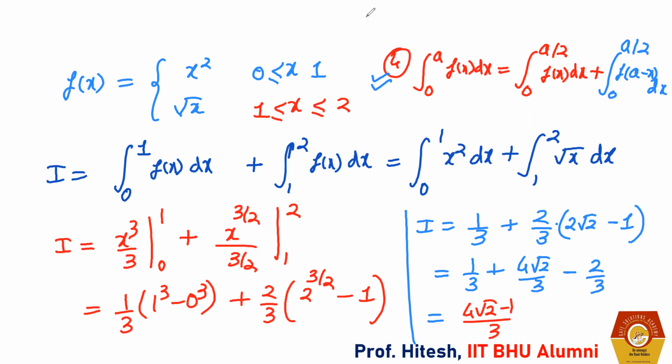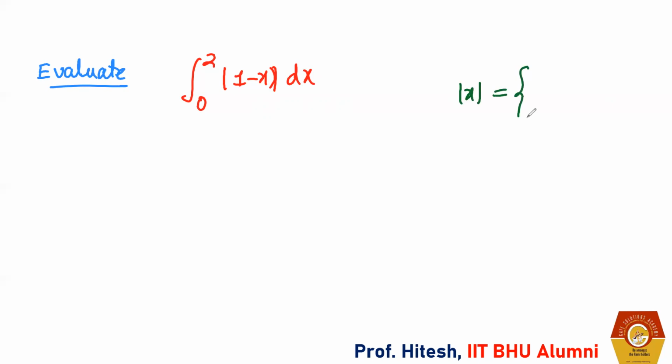Now next question is, evaluate integral 0 to 2 of mod 1 minus x dx. You must know mod x is equal to plus x and minus x when x is greater than 0 and x is less than 0 respectively.